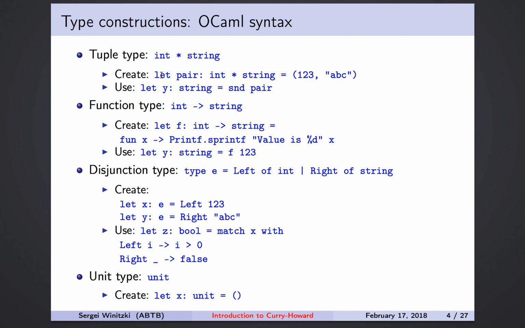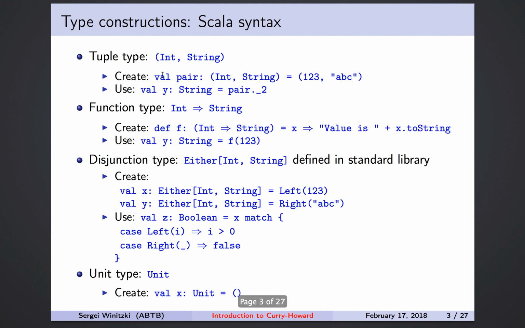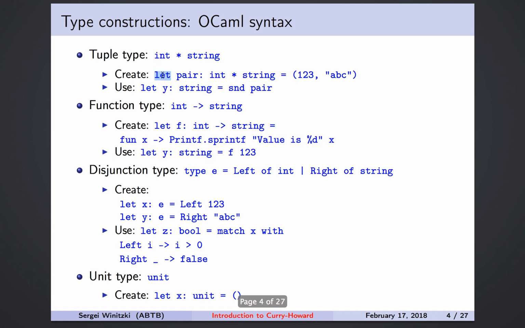Instead of Scala's val keyword, in OCaml you use the let keyword. Otherwise, things are exactly the same in OCaml for creating a tuple. And using a tuple is slightly different. There isn't _1 or _2. Instead, there are functions first and second, so the FST and SND. And these are defined in OCaml's standard library.